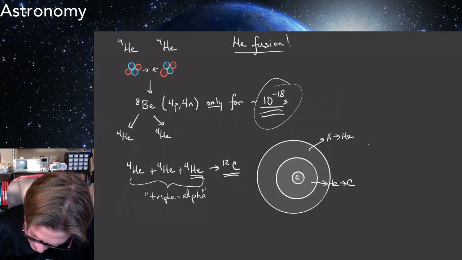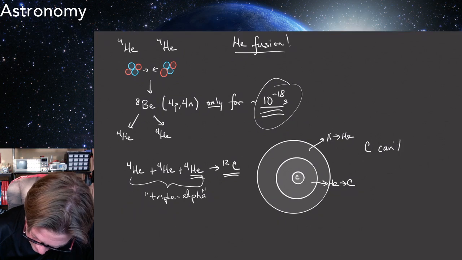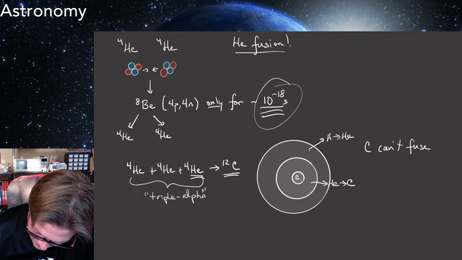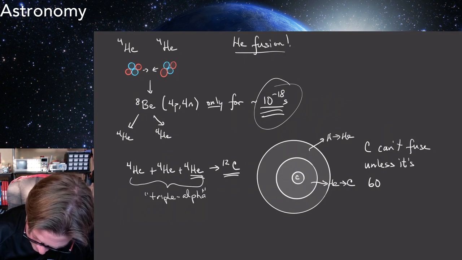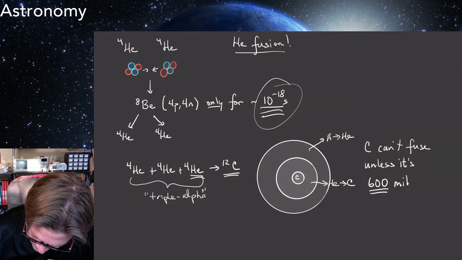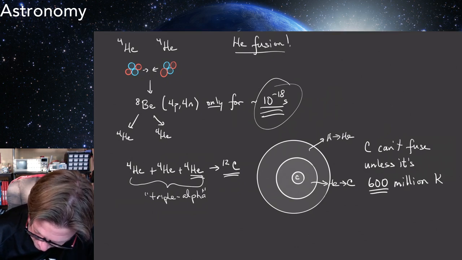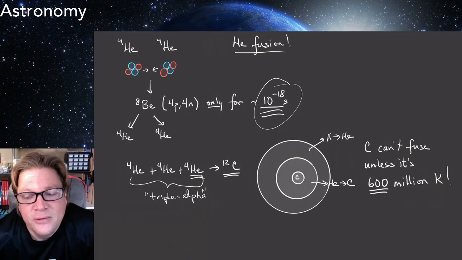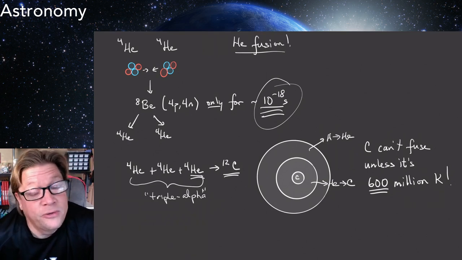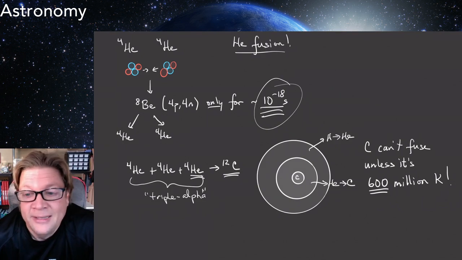But carbon can't fuse unless it's about 600 million degrees. So now you have to wait to get 600 million degrees in order for carbon to fuse, and the short story is it's never going to happen.